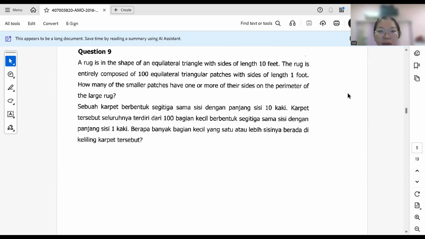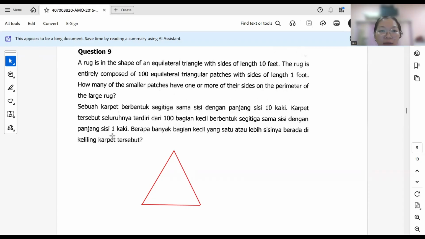Okay, next. For this one, you have to draw. A rock is in the shape of an equilateral triangle. You draw. Okay. Each side has a length of 10 feet. So this is 10, this is 10, and this is 10.